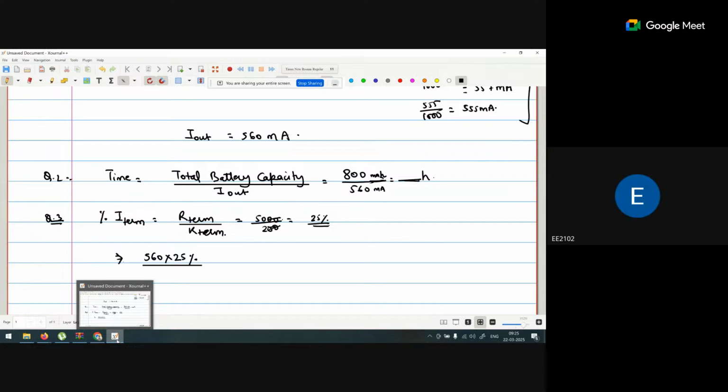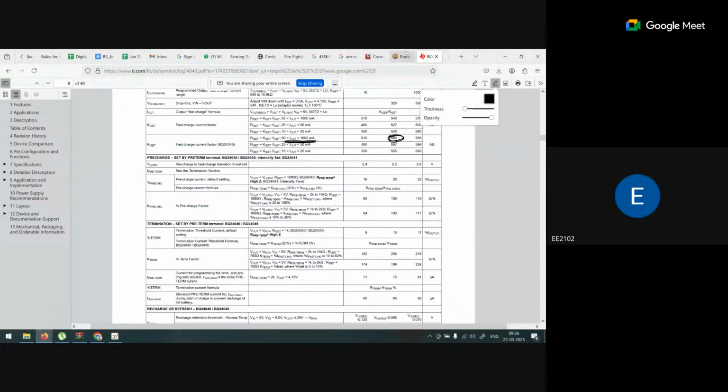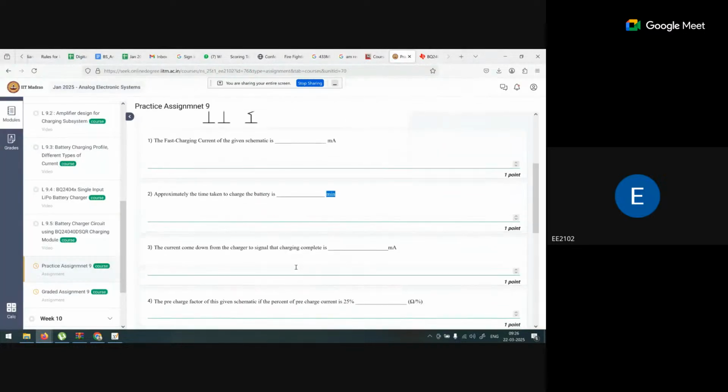Now, first we calculate 25%. What is 25% of the fast charging current? 560 into 25%, so it is 140 milliamps.